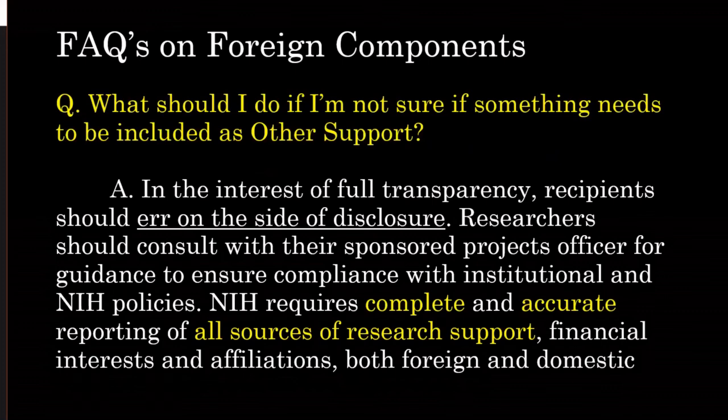We need to let them know, plus update the other support in biosketches and RPPRs. Researchers should consult with their sponsored projects officer for guidance to ensure compliance with institutional and NIH policies. NIH requires complete and accurate reporting of all sources of research support, financial interests and affiliations, both foreign and domestic.